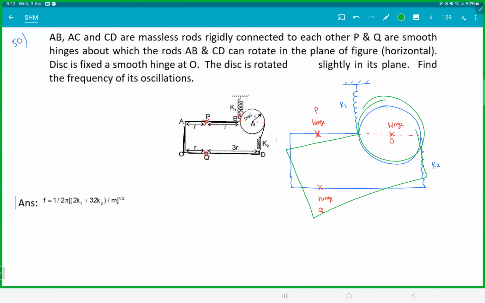If you twist the disk a bit, the whole rod will rotate like this, meaning not exactly like this. Some rotation like that will happen. So if you rotate the disk like this, this is how the rotation would be, and the whole thing will start rotating.